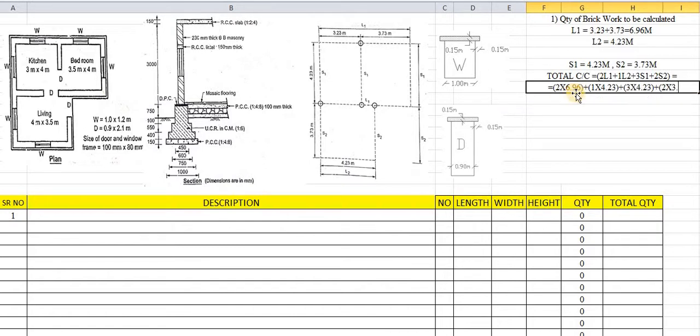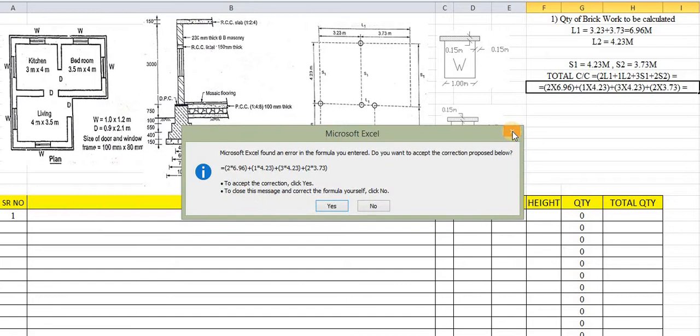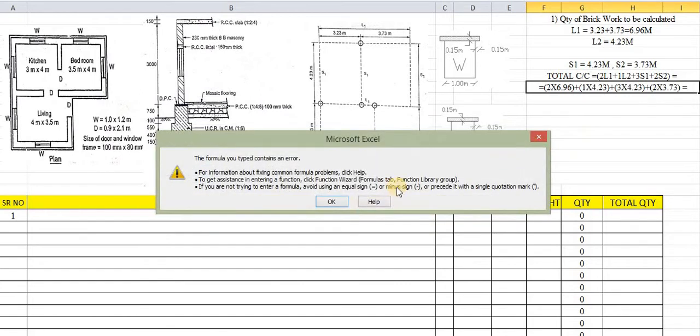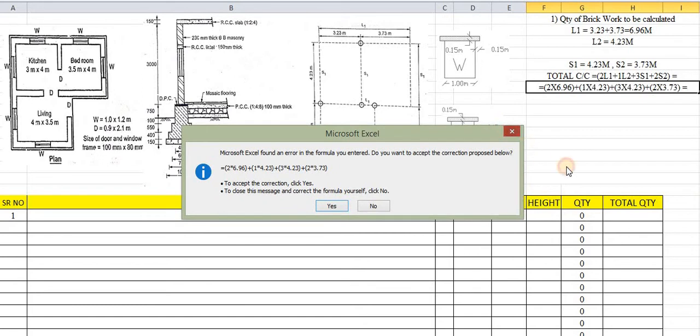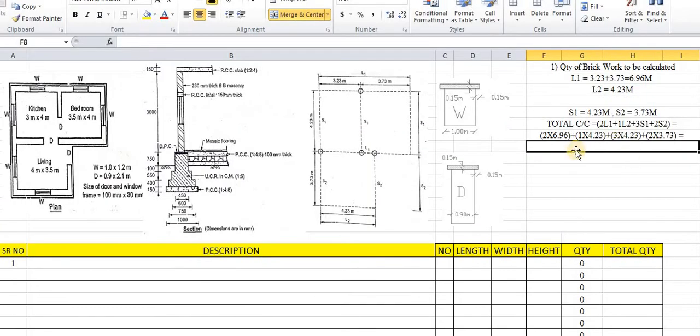So here we have taken the quantities. 2 numbers of L1 it has been taken, 1 number of L2 it has been taken, 3 numbers of S1 it has been taken, 2 numbers of S2 it has been taken.